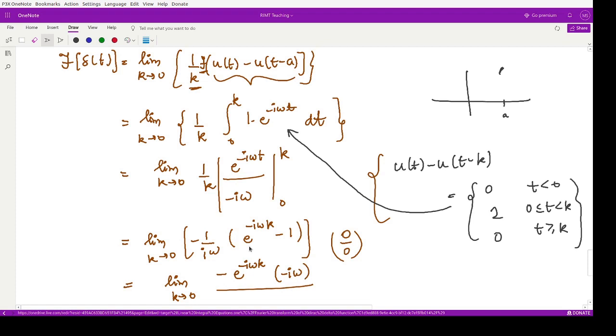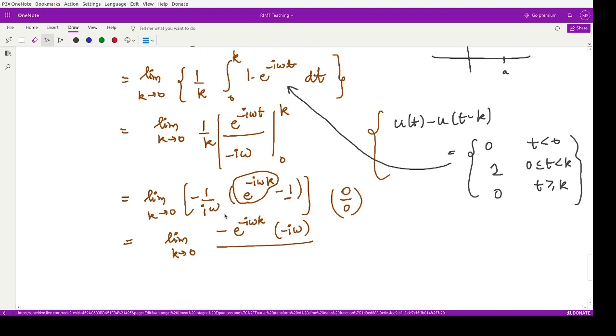That is the derivative of the numerator, and the derivative of the denominator, k, is 1, because k was creating trouble whenever your limit was equal to 0.